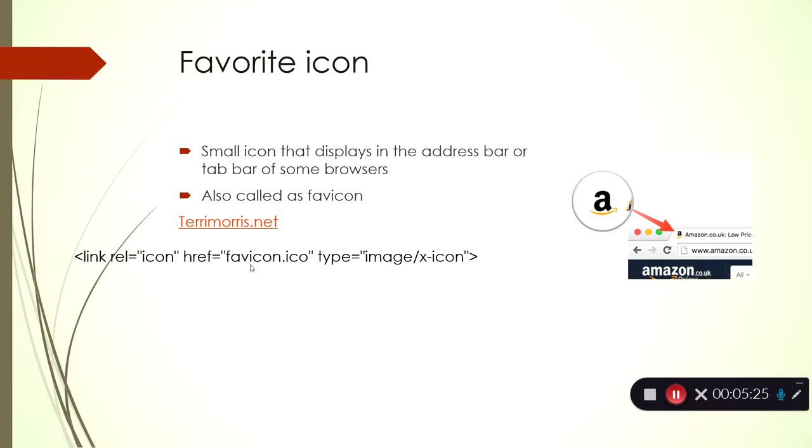Then you have to add one more attribute, the type attribute, where the value should be exactly image/x-icon. It should be added in the link tag to attach a favicon to your tab in the address bar. Make sure that it is small enough, so you have to select an appropriate favicon image. We'll practice these things in the lab practice.